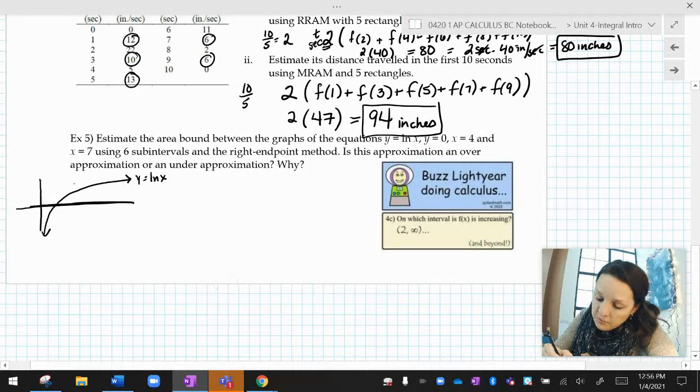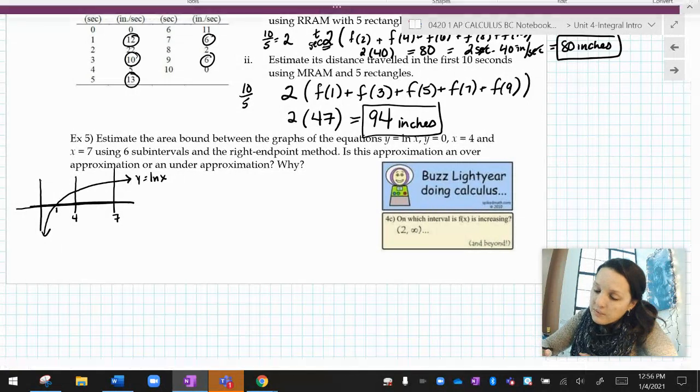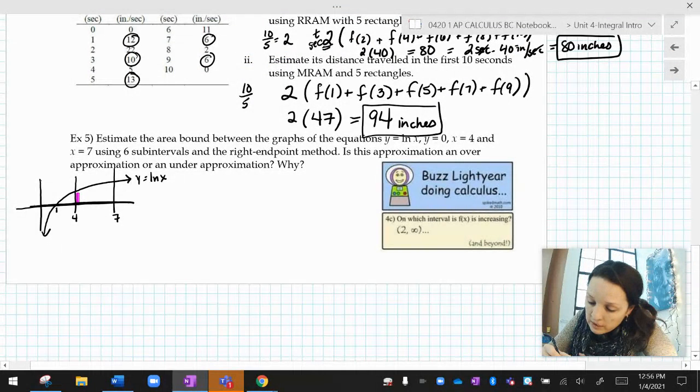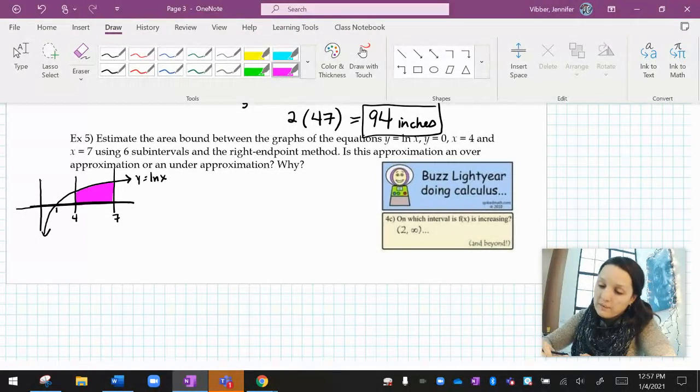And x equals 4 would be like here, because this is 1, by the way. So x equals 4 would be like there. And x equals 7 would be like here. And so I want to find the area in here using 6 subintervals and the right endpoint method.